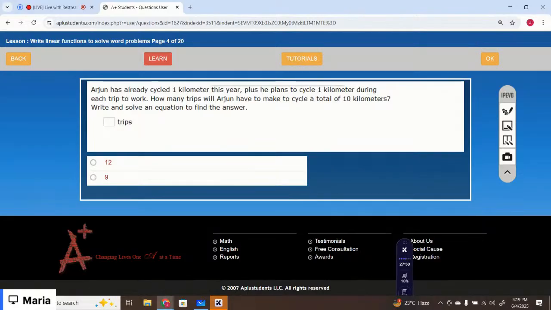Arjun has already cycled 1 kilometer this year, plus he plans to cycle 1 kilometer during each trip to work. How many trips will Arjun have to make to cycle a total of 10 kilometers?